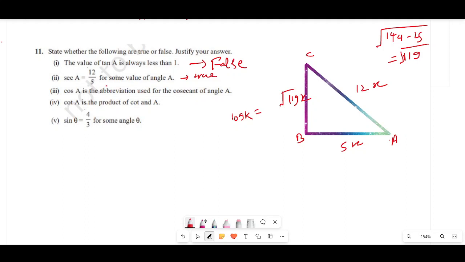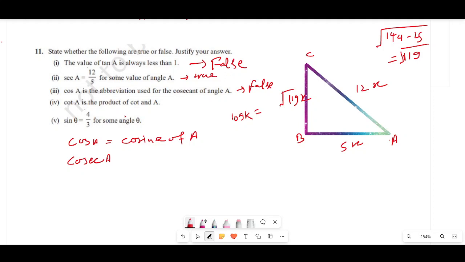False, because cos A is defined as cosine. Cos A, that means cosine of A. Clear? And cosec A is another thing. It is cosecant, and so it is false.